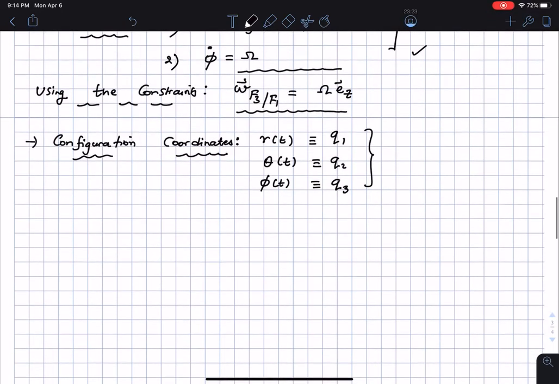Now we are going to write the constraints in the Pfaffian form.